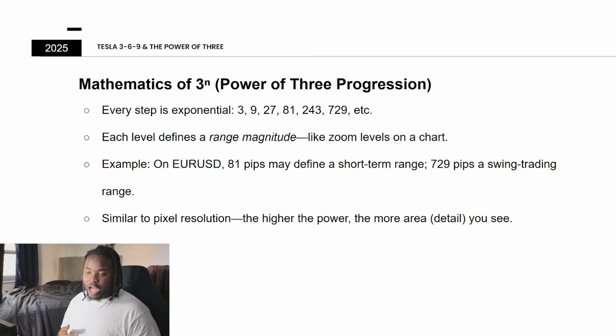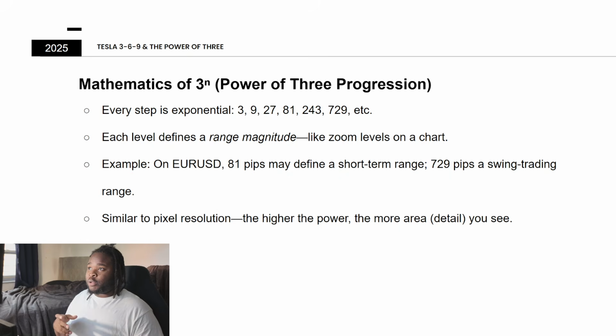This is where we get our PO3 ranges: the 3, the 9, the 27, the 81, the 243, the 729. Those are all steps of exponential power of three. Each range is a magnitude, like different zoom levels in a chart, right?